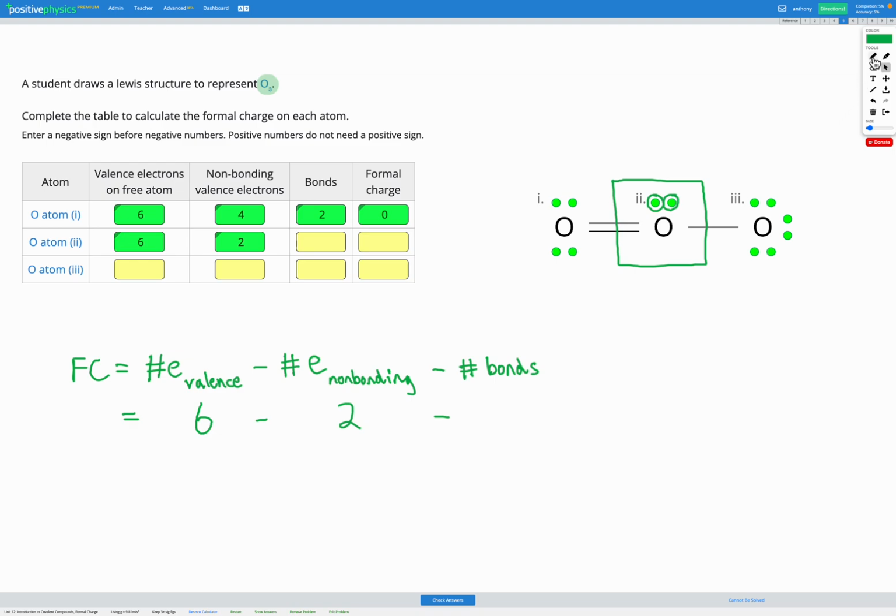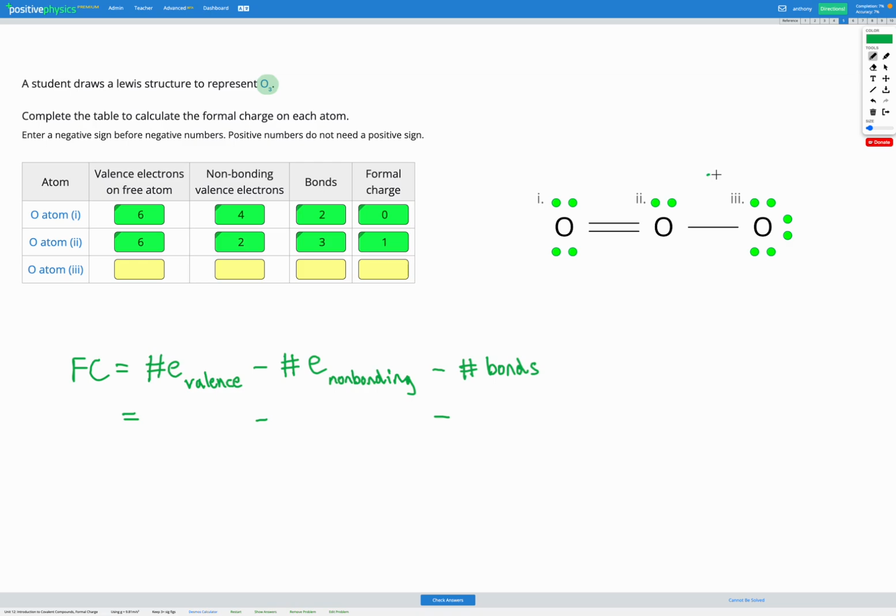And lastly, the number of bonds. We've got 2 covalent bonds from this double bond here, and 1 more covalent bond from the single bond there. So we've got 3 covalent bonds in total. Now to calculate our formal charge, we're doing 6 minus 2 minus 3, which gives us 1. So our formal charge on this oxygen atom is positive 1. But we don't write a positive sign when we write it in our answer box. We only need a negative sign if we have a negative number.